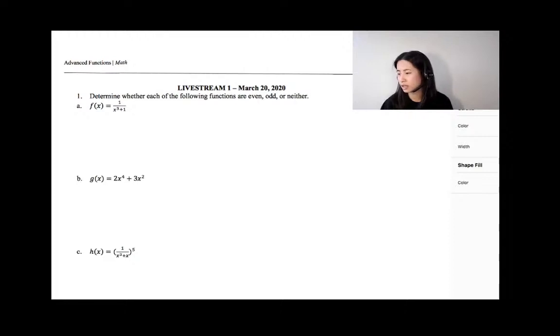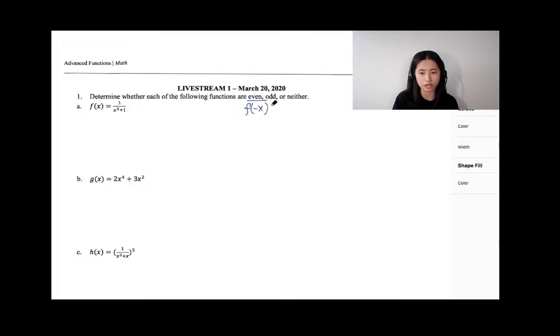Okay, so let's begin. So the first question we need to figure out whether the function is even, odd, or neither, right? So just as a recap, first of all, how do you know if a function is even versus odd, right? So if a function is even, that means algebraically, you're going to have to plug in f of negative x. So if it's even, if you plug in f of negative x, you need to have f of x.